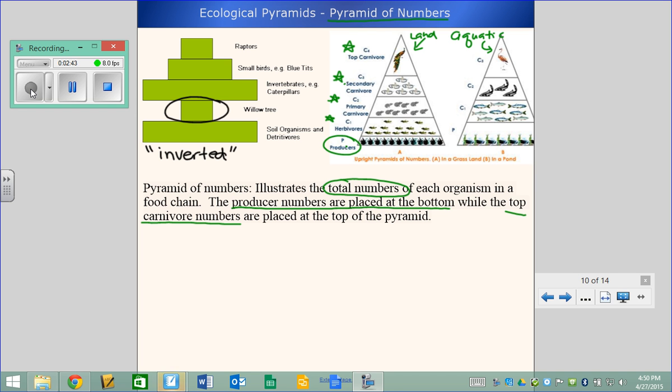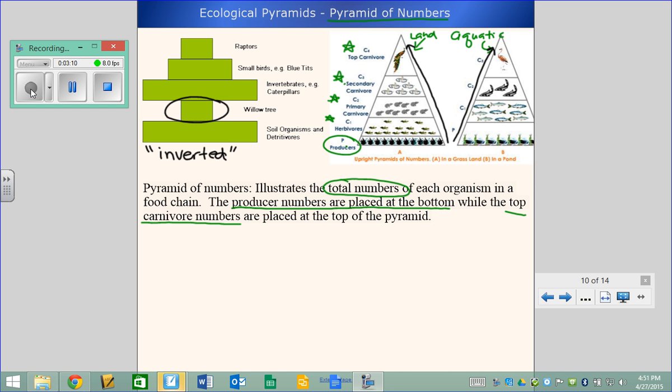In an inverted pyramid, a level that's near the bottom is smaller than the level that comes after it. It could happen with a producer, it could happen with a consumer, but the terminology is to call it inverted. Normally, the shape of the pyramid would follow like these two, where each successive level gets smaller and smaller and smaller if we were to count the number of organisms.